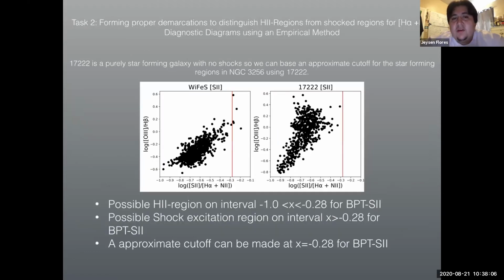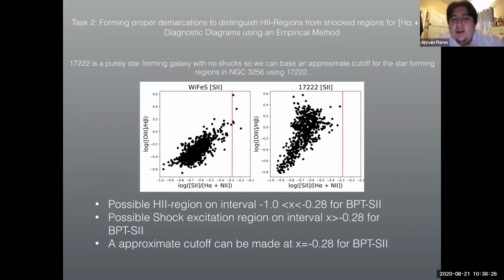We have an empirical method that we applied by taking a look at a galaxy by the name of 17222, which is a purely star-forming galaxy. The gas encompassed in the interstellar medium of 17222 is just purely H2 gas.